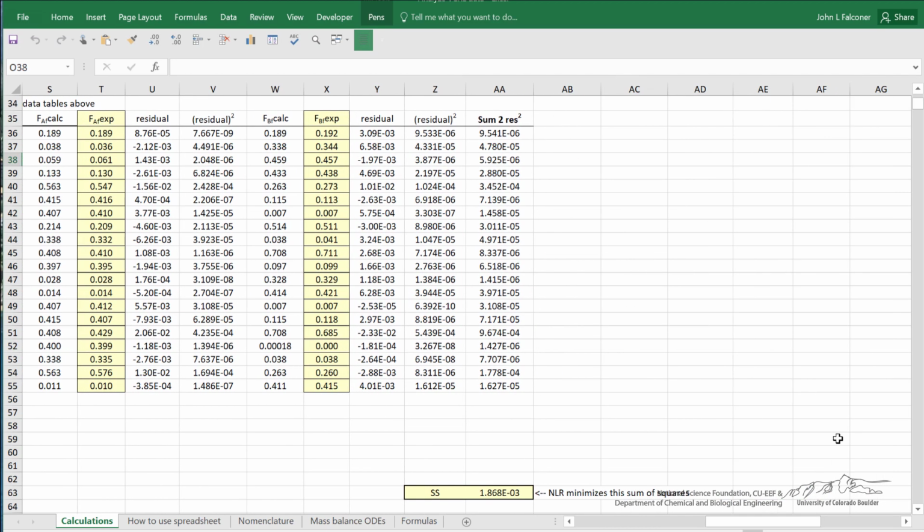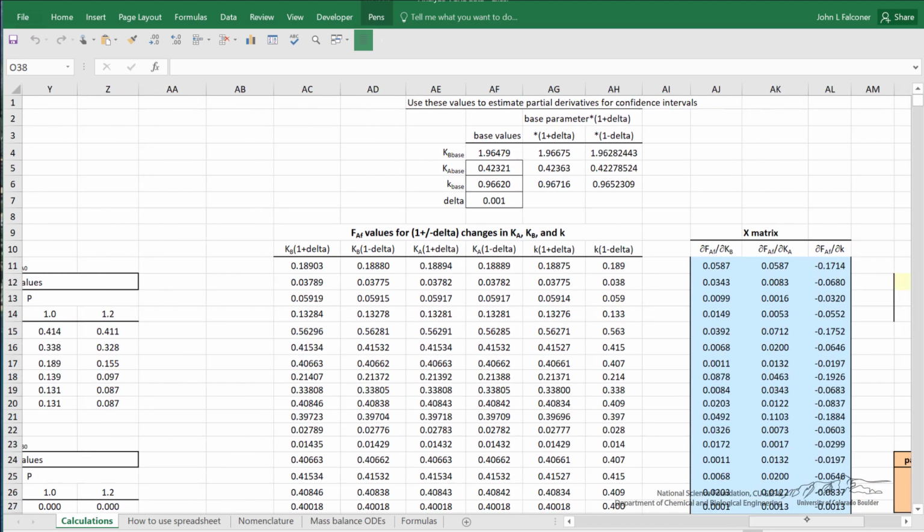The rest of the spreadsheet then generates the confidence interval, and details of how to do this confidence interval are contained in other spreadsheets. And to not make this too long, just point out that we essentially approximate partial derivatives. So this X matrix, or how the molar flow rate of A leaving the reactor, FAF, depends on these three parameters, and we do that by taking the base values, these are the values from nonlinear regression, making slight variations of them and seeing how much the flow rate changes.